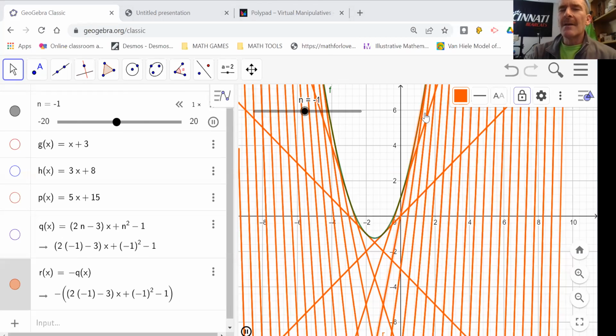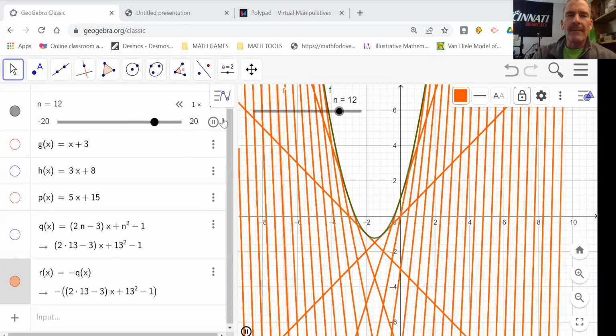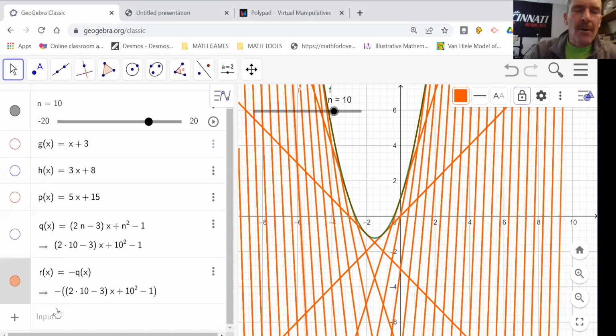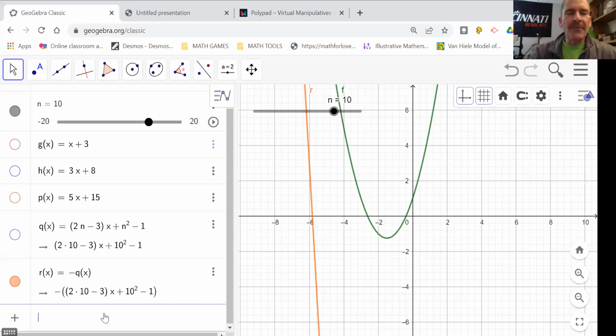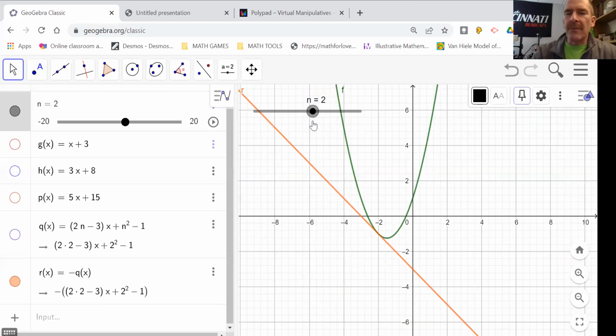Oh, yes. This is one of those things that I kind of mess with. Let me pause this for just a moment. I'm going to untrace my line. I'm interested in what the completed square would be for a given orange line.